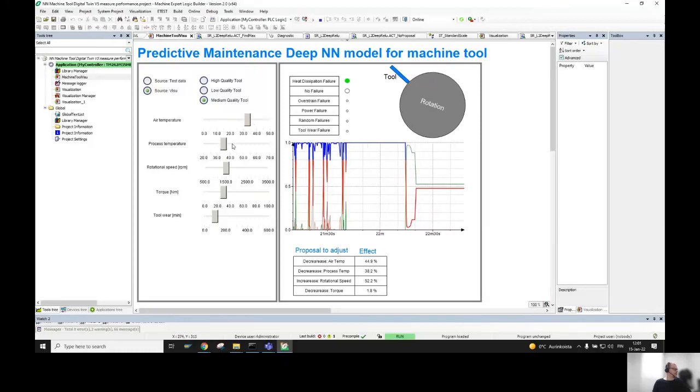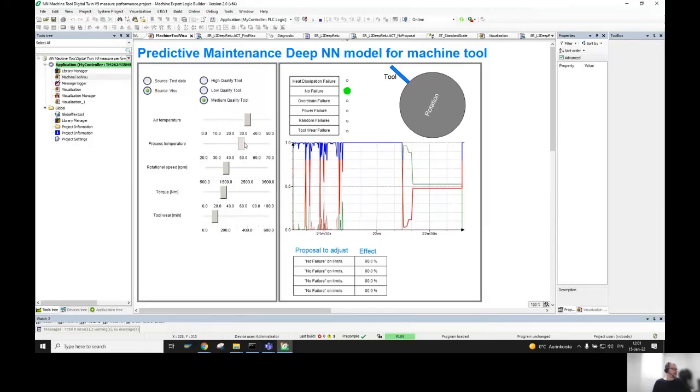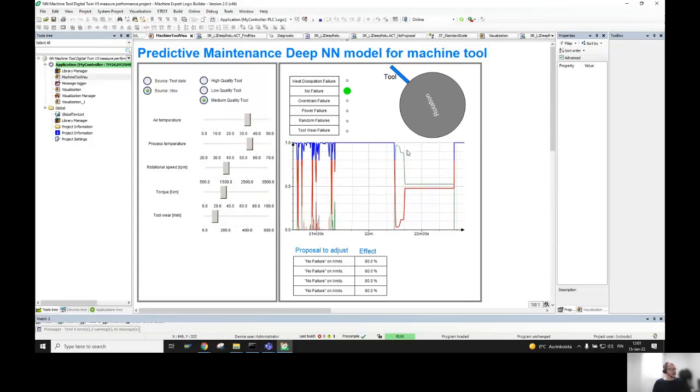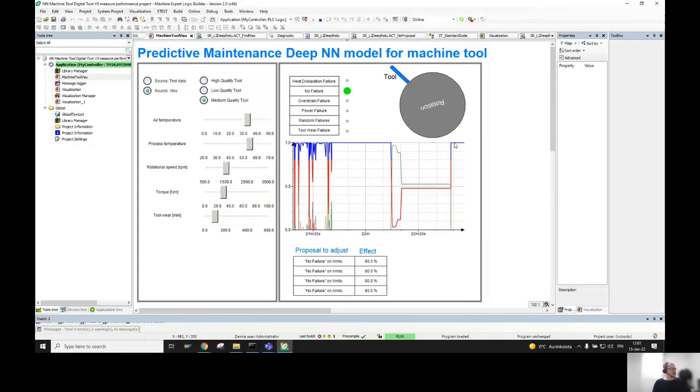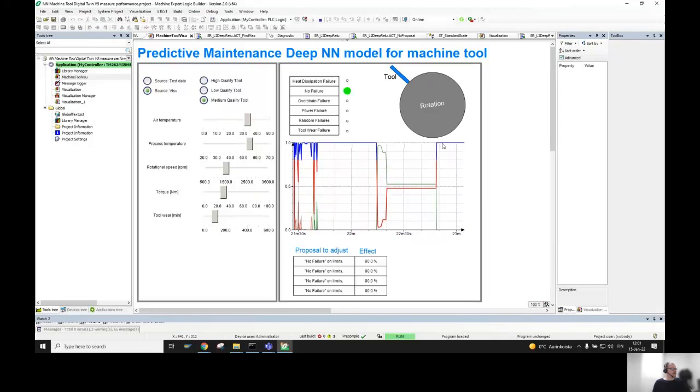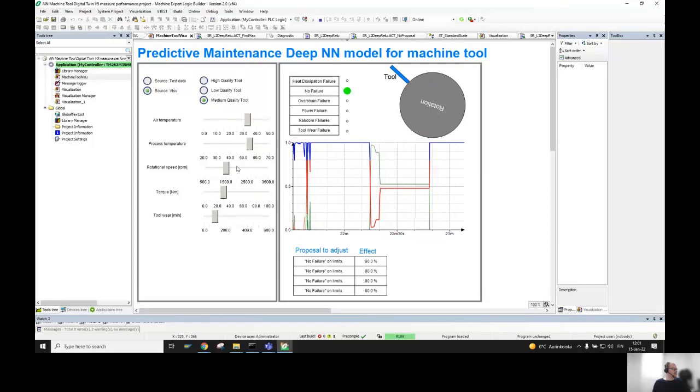And let's start to increase the process temperature. Well, in this case, it has an effect that the probability of no failure goes again to the max. So this was good.